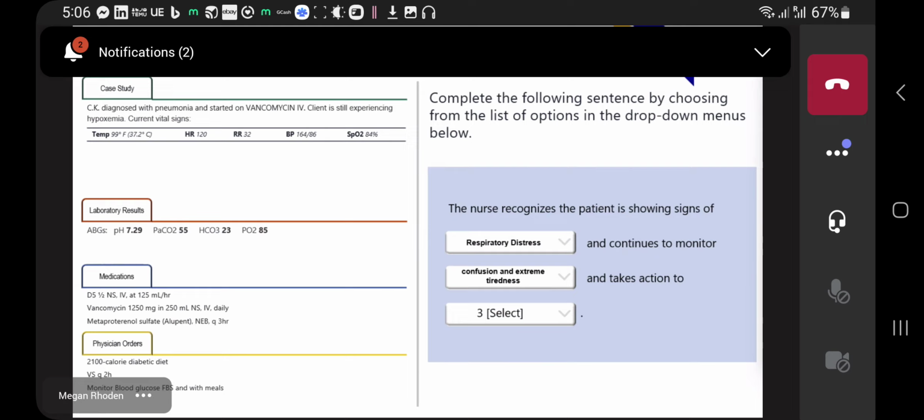Alrighty, so we continue to monitor confusion and extreme tiredness and take action to restrict fluids, apply 2 liters O2 via nasal cannula, raise the head of the bed and maintain proper body alignment, and administer cough suppression. Which one?